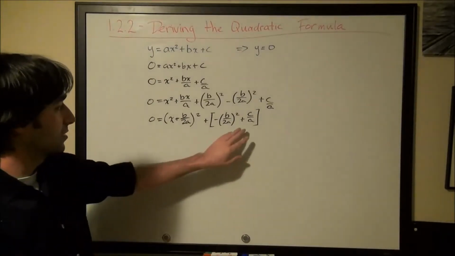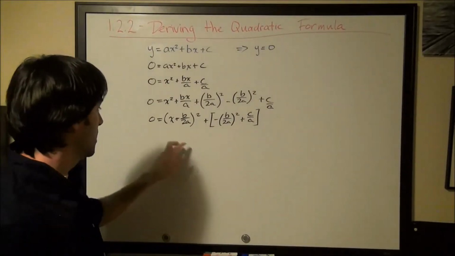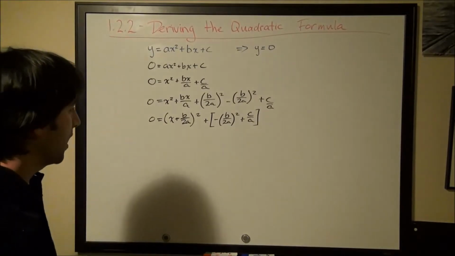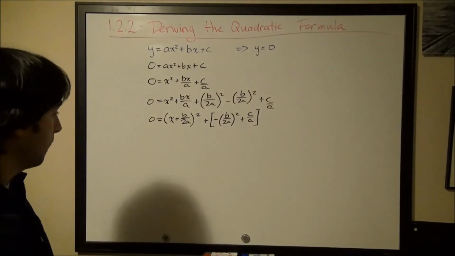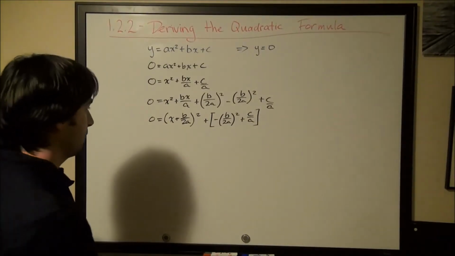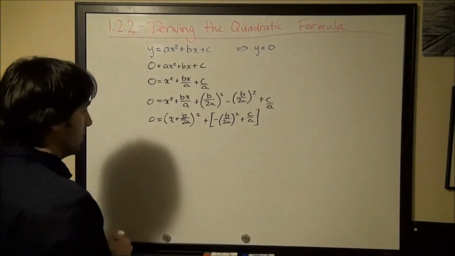And because this is a constant that doesn't depend on x, and there's only one x in this bracket, we can now solve this for x. And here's how we're going to do that. First, we have to move this over to the other side.